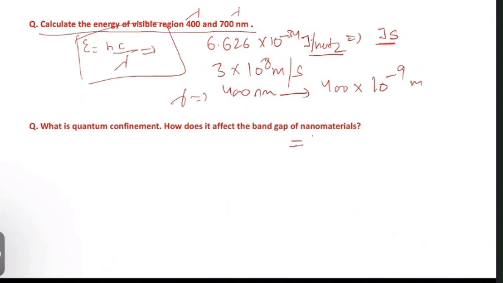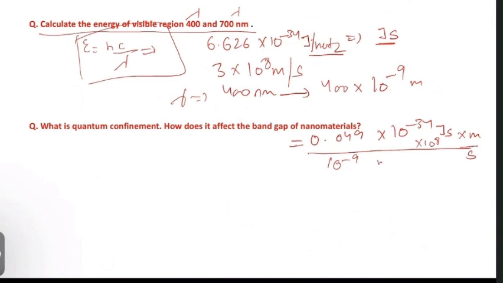6.626 into 3 divided by 400, we will get the value 0.049. Now we have 10 raised to minus 34 joule second, meter per second, and 10 raised to power minus 9 and here also 8.